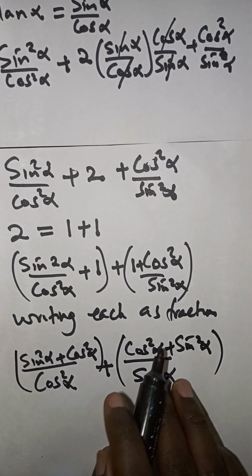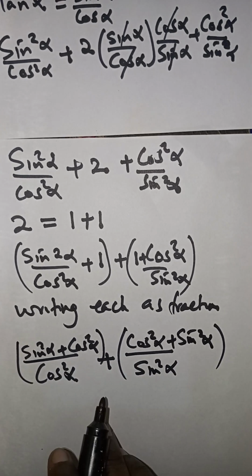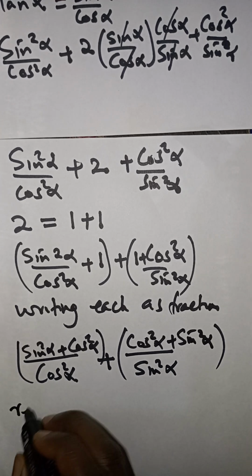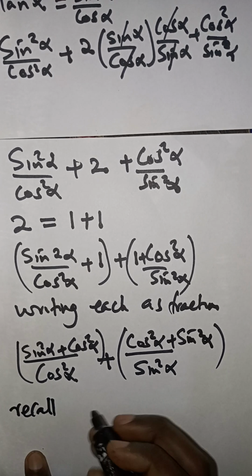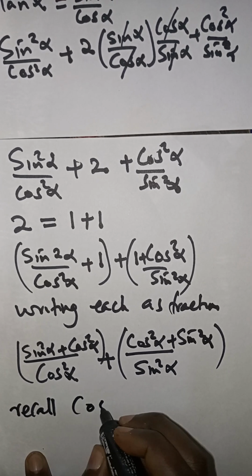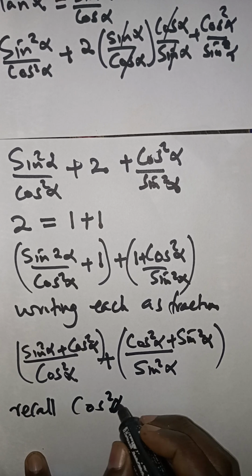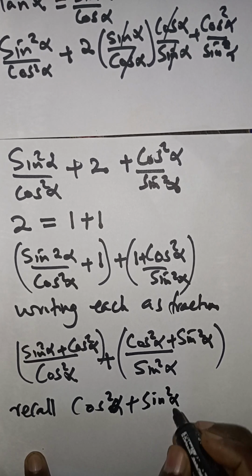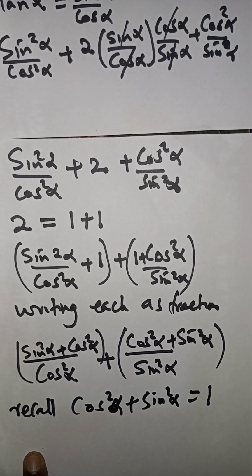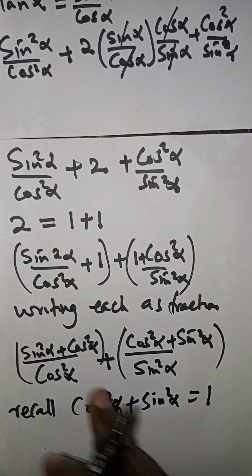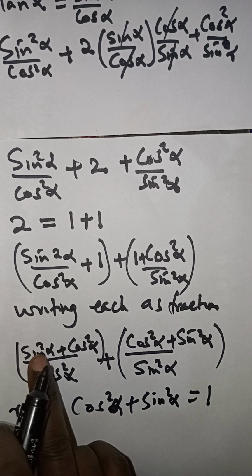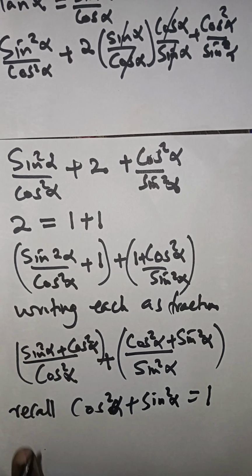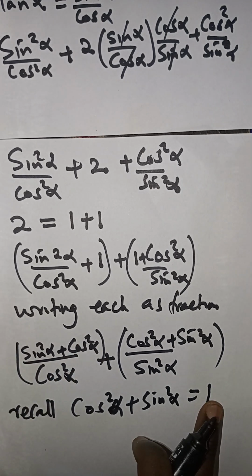Let me introduce brackets. At this stage, you're going to recall from the trigonometric identity that cos squared alpha plus sine squared alpha is equal to 1. So it is very easy to see that sine squared plus cos squared alpha is equal to 1.